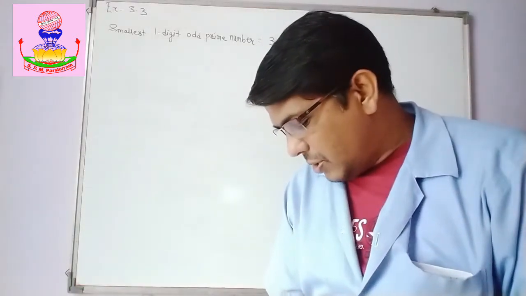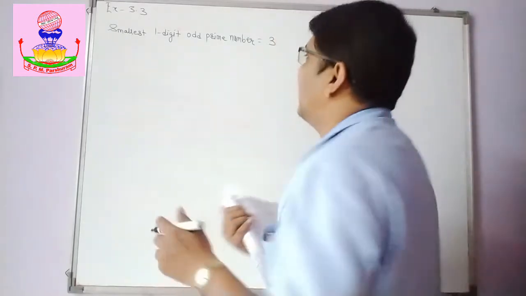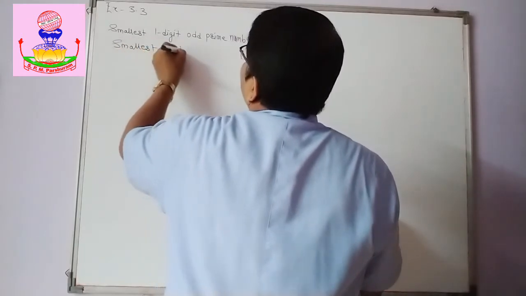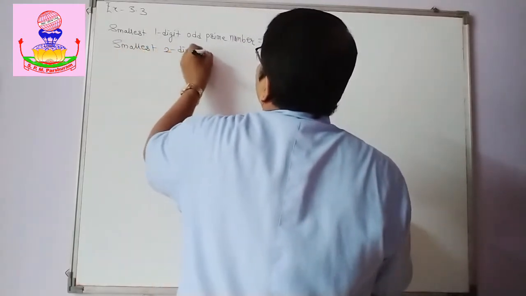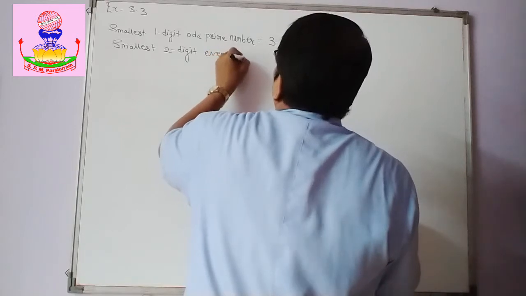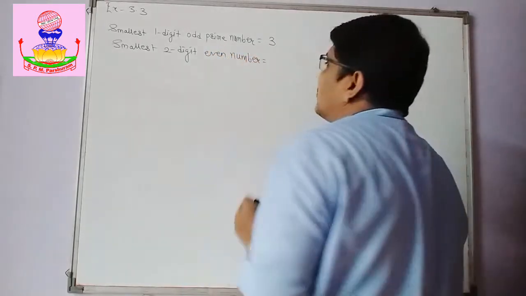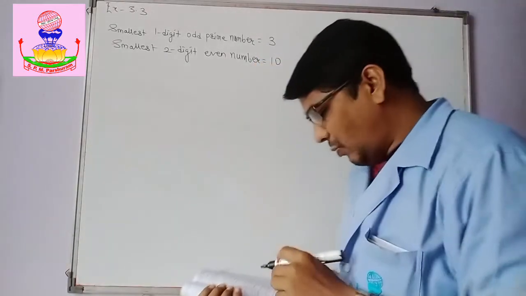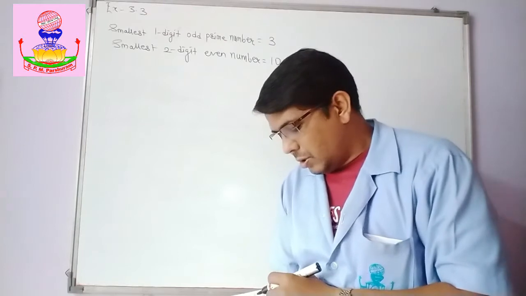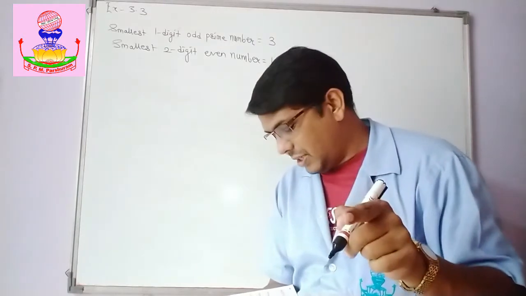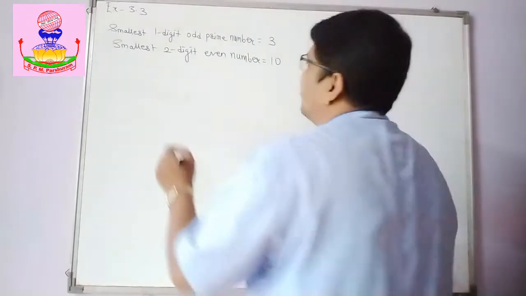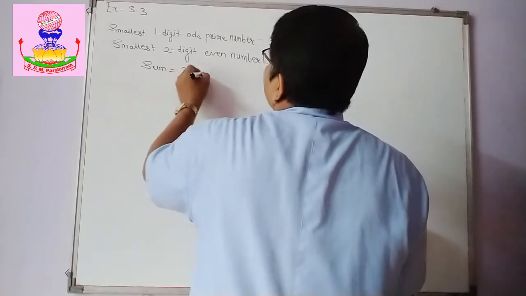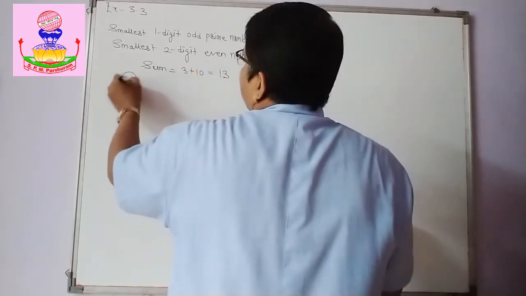Then what they say? Smallest 2-digit even number. Smallest, go step by step, smallest 2-digit even number. First find out what we need. So what is the smallest 2-digit even number? 10, right? Then what they say, what is the difference between what? Sum and the product. So first we will find the sum. What is the sum? 3 plus 10, that is 13.